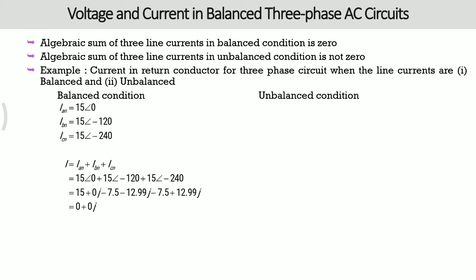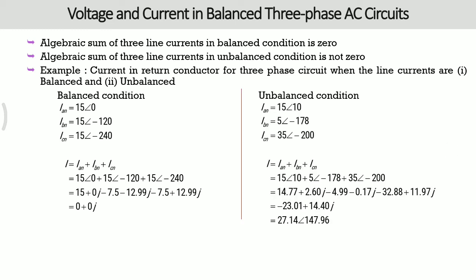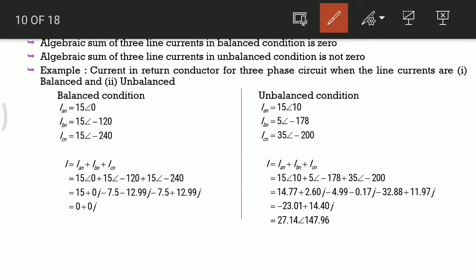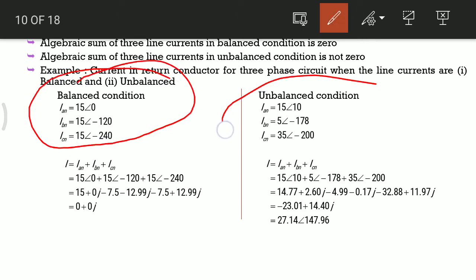Whenever the condition is balanced, it means there is no neutral current. Neutral current is zero in balanced condition. But in unbalanced condition we have a neutral current. So on one side you can see the balanced currents and this is the unbalanced currents.